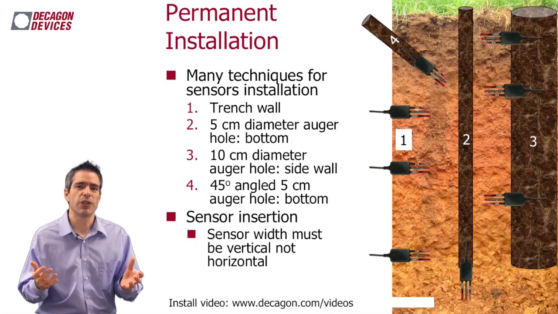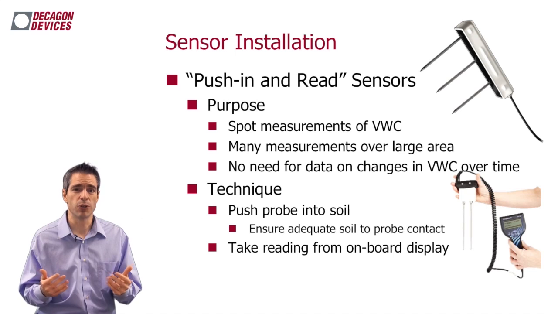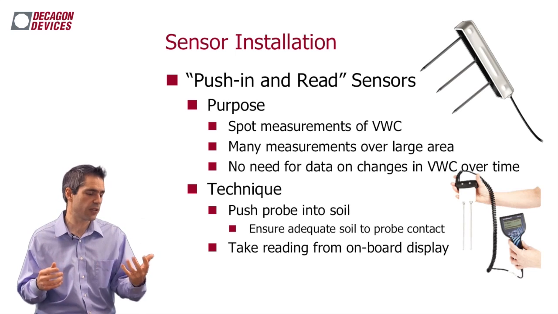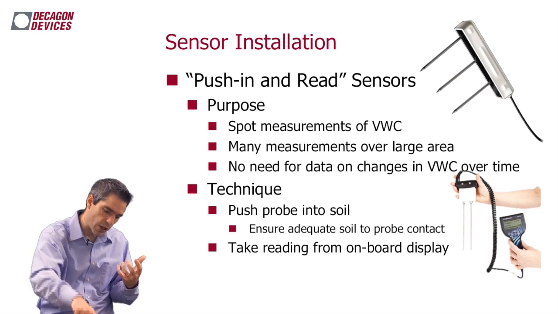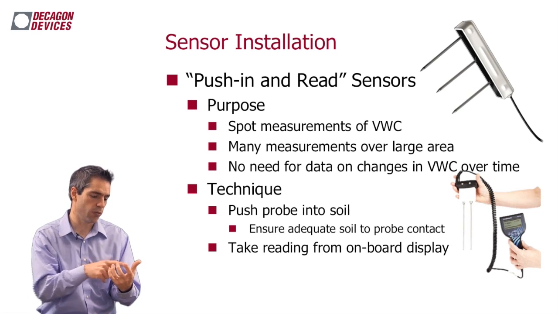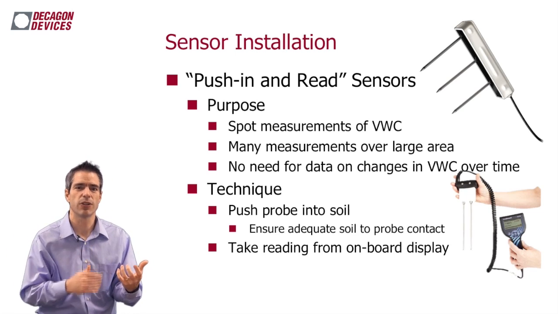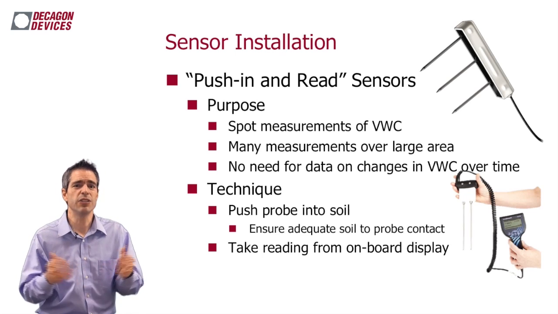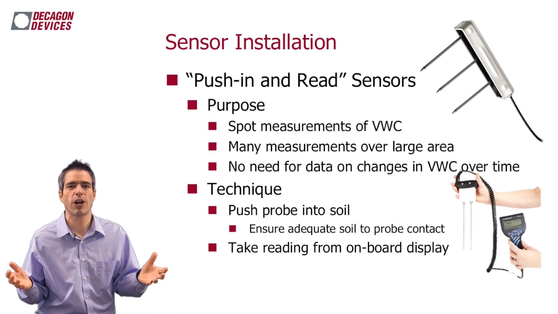Another installation technique that some people use is what we would call a push in and read technique, where you just take the sensor and a readout device, stick it in the soil, and read what the water content and any other thing that the sensor kicks out says. Now, you can use this for spot measurements of water content.